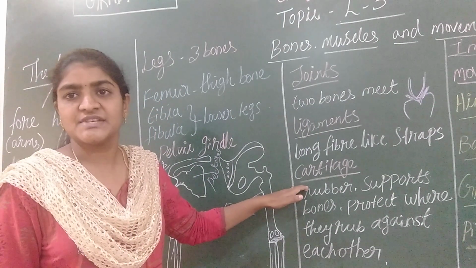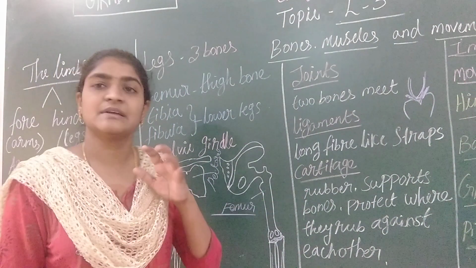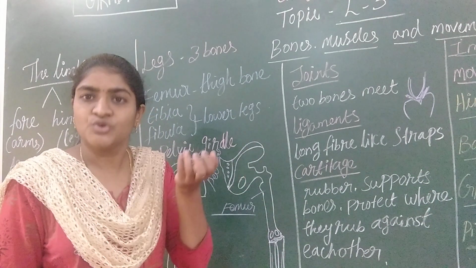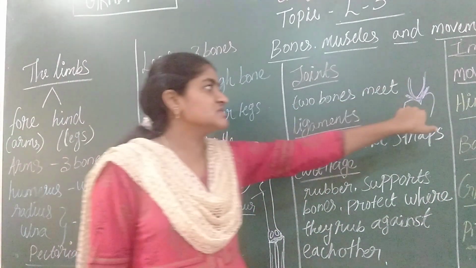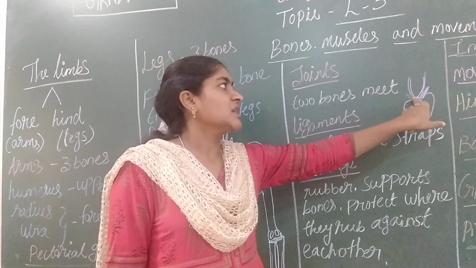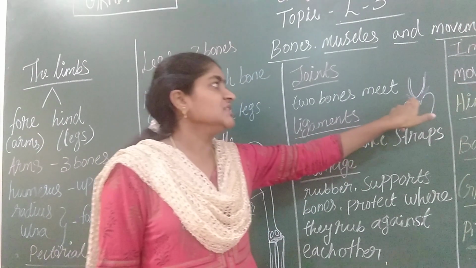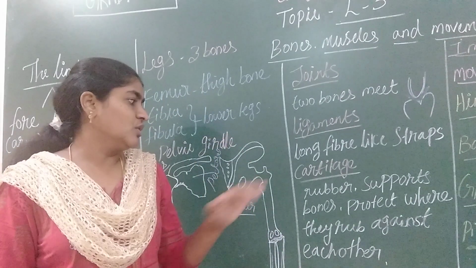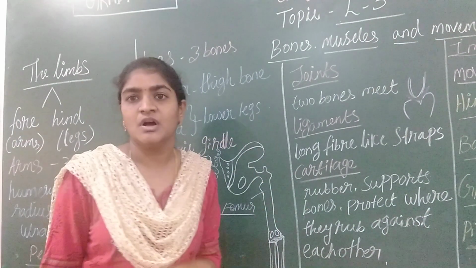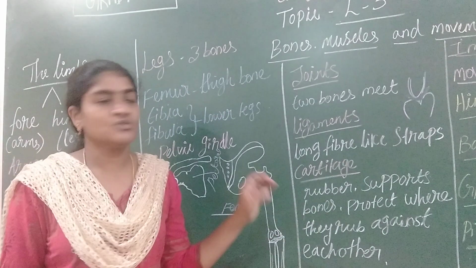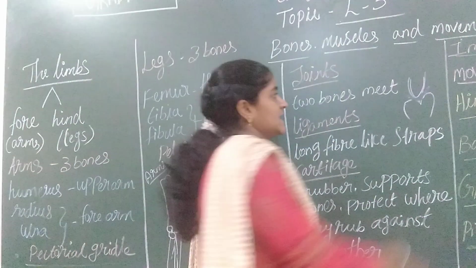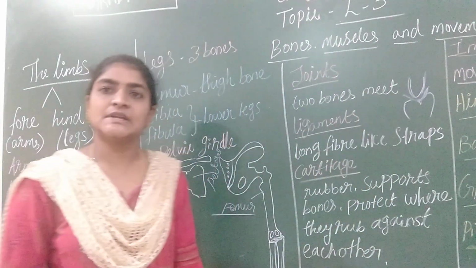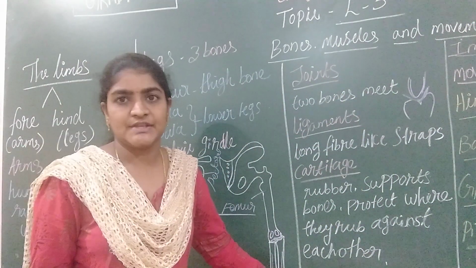Next, cartilage is also present. It is a rubber-like substance that gives protection to the two bones. When the two bones join together, the cartilage is present between them. It won't allow them to rub against each other. That rubber-like substance between the two bones is called cartilage.